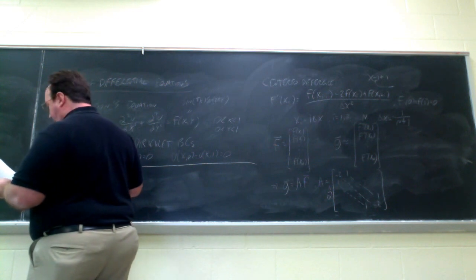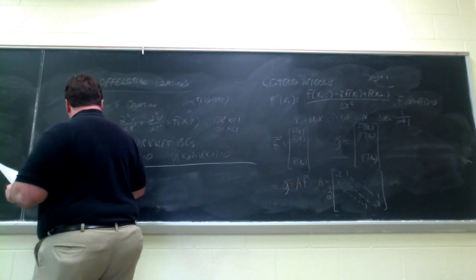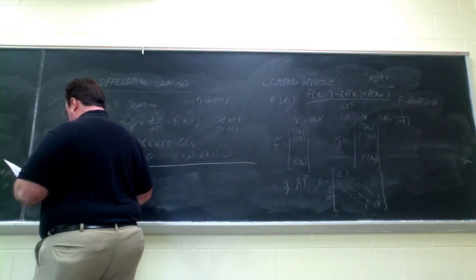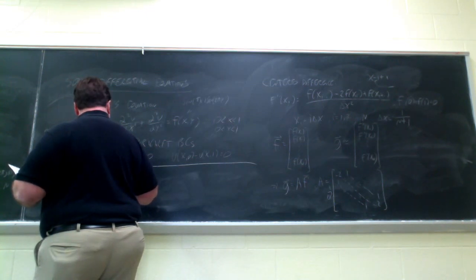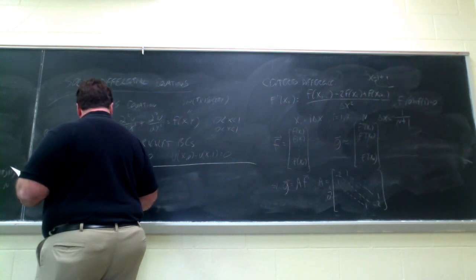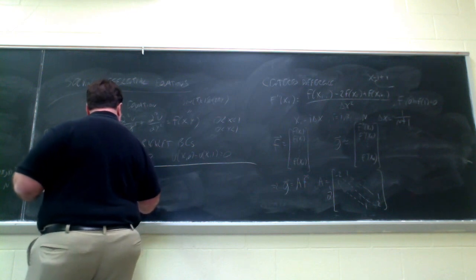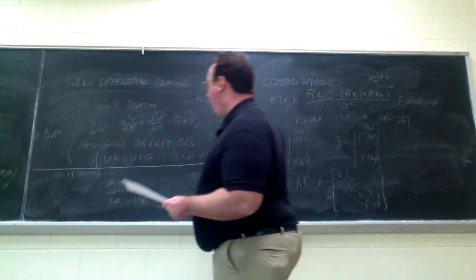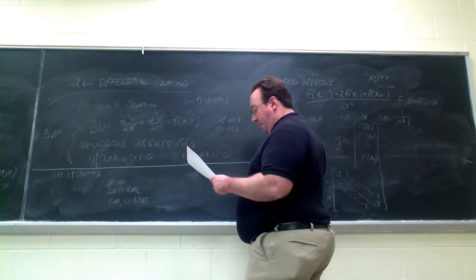So if I do 100 iterations of each of these methods, Jacobi, Gauss-Seidel, and SOR with omega equal to 1.785, then here's my error after 100 iterations.